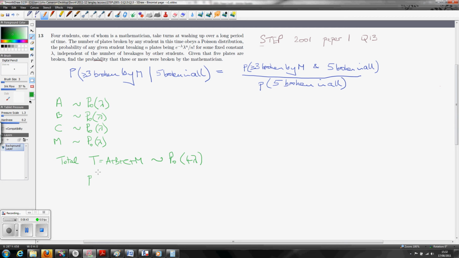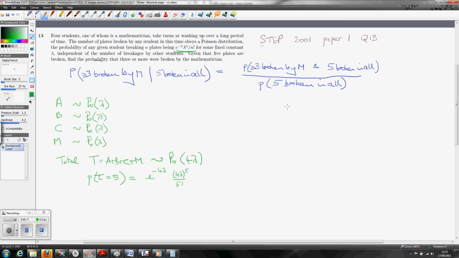And that means the probability that the total is equal to 5 is equal to this Poisson formula exactly, but where instead of lambda, I've got 4 lambda. So I have e to the minus 4 lambda, and then lambda to the n, except it's not lambda to the n, it's 4 lambda to the n, and it's not n, of course, because I'm interested in it being 5, over 5 factorial.